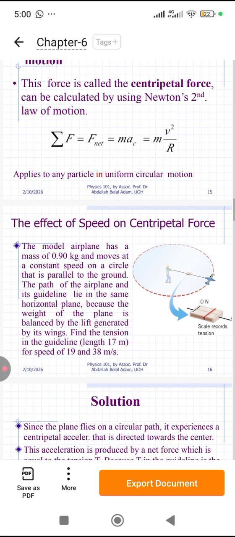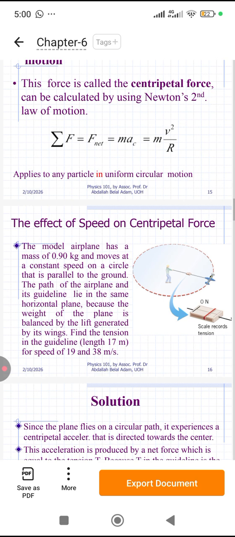A model airplane has a mass of 0.90 kilogram and moves at constant speed in a circle that is parallel to the ground.